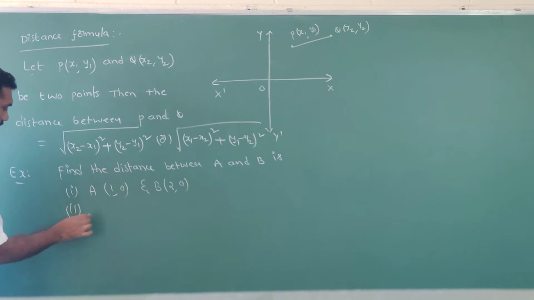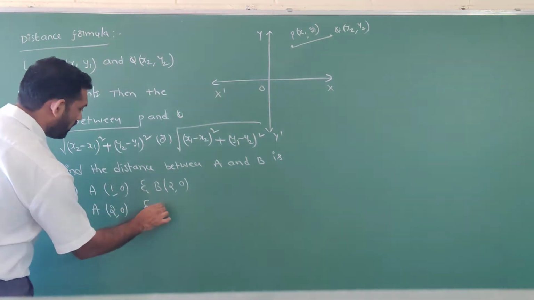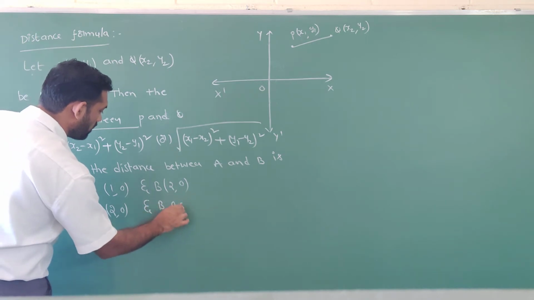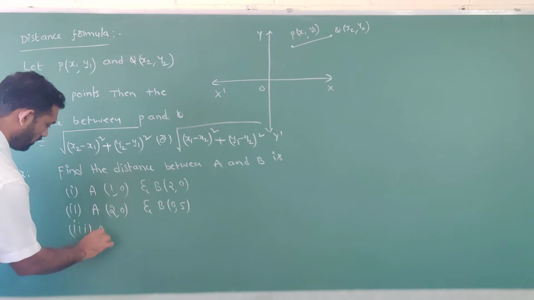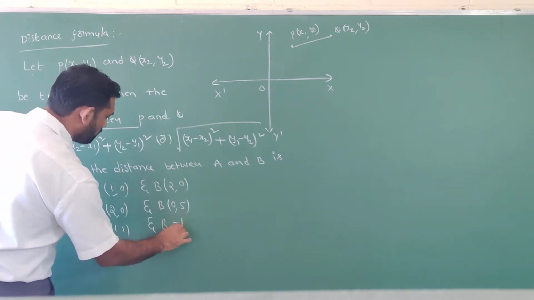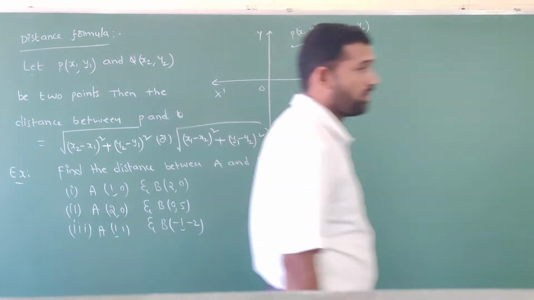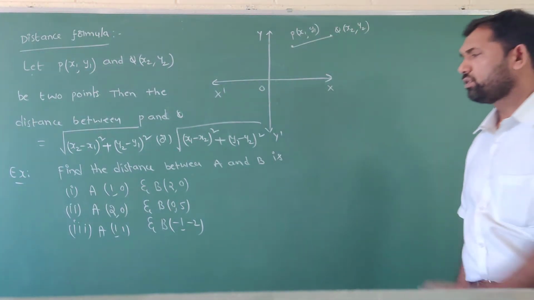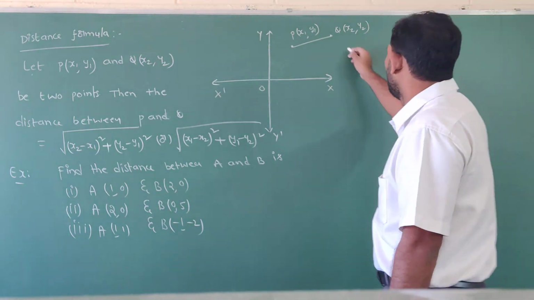Second question: A (2, 0) and B (0, ...). Third one: A (1, 1) and B (minus 1, minus 1). Find the distance between A and B. Using this formula we will do some simple problems.